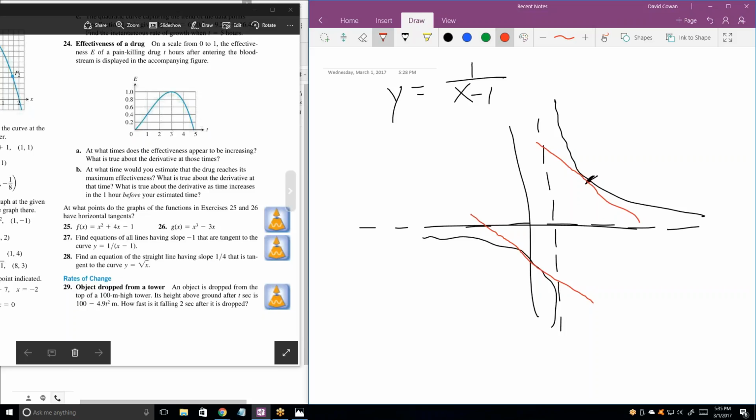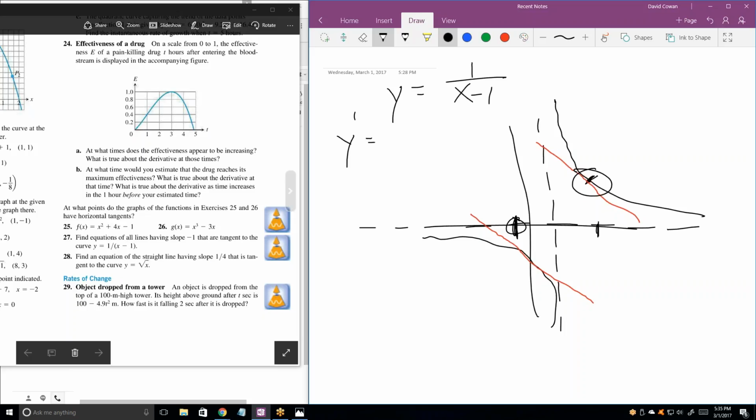So if I want to know the location of this point on the x-axis and this point on the x-axis, then I'm going to take the derivative of this and set it equal to minus 1. What's the derivative of this? Y prime. Let's start there.